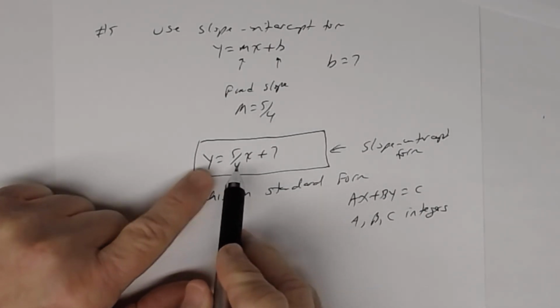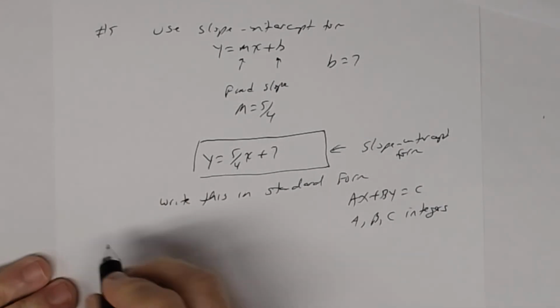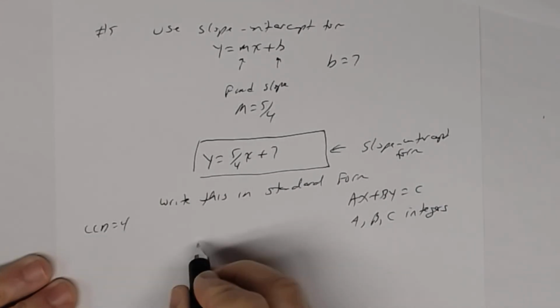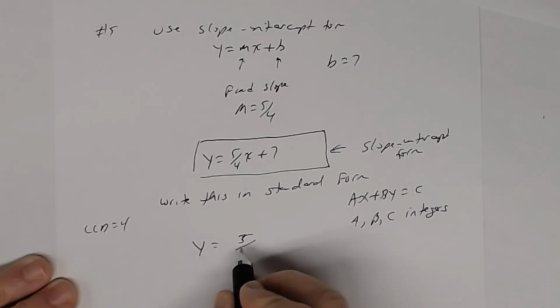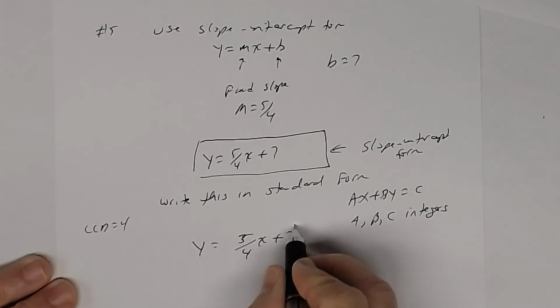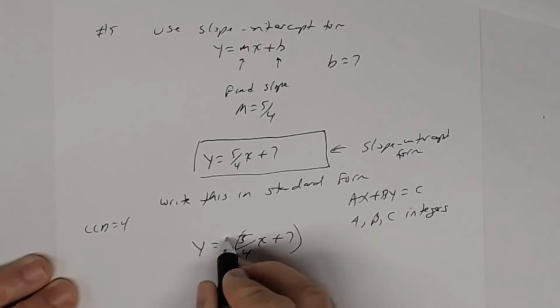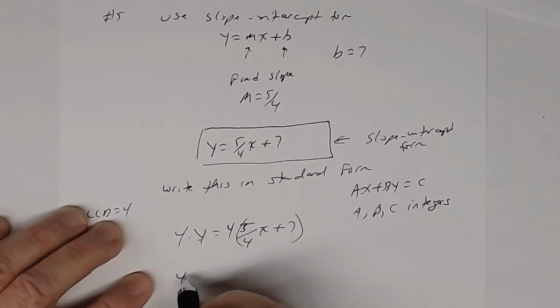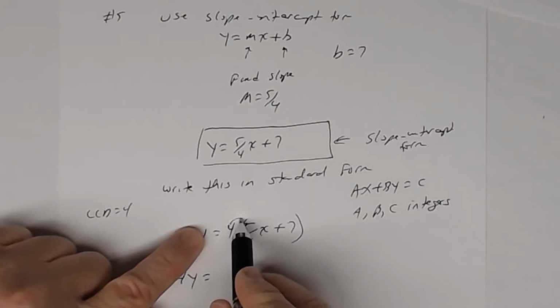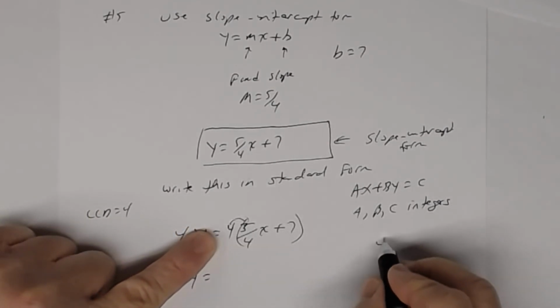So multiply both sides by the LCD, which is 4. So we're going to rewrite this over. You're going to start with your slope-intercept form, y equals 5/4 x plus 7. What I do to one side, I do the other. So multiply this side by 4 and this side by 4. So 4 times y is 4y equals, and then let's go ahead and distribute. So I have 4 times 5/4, right?